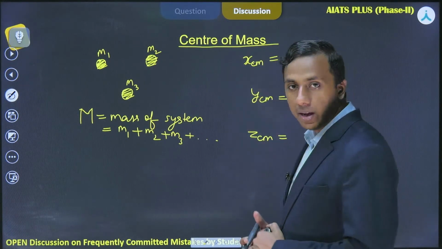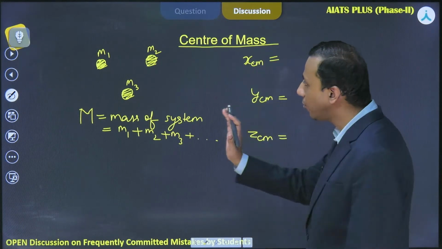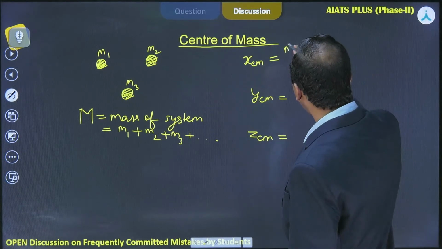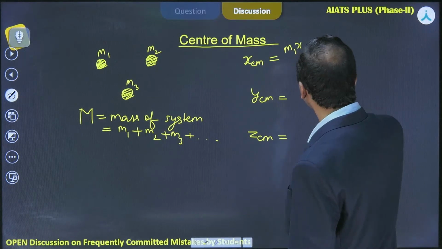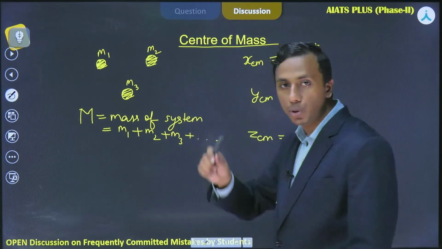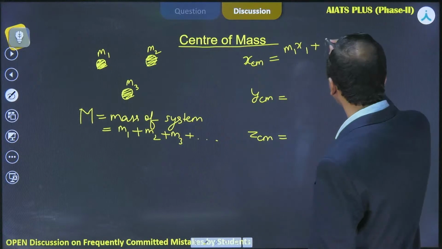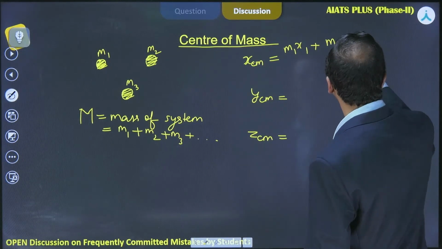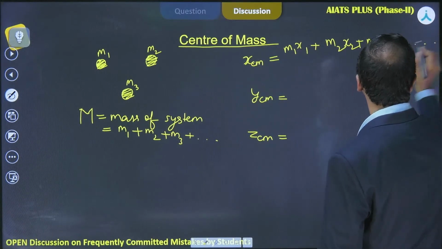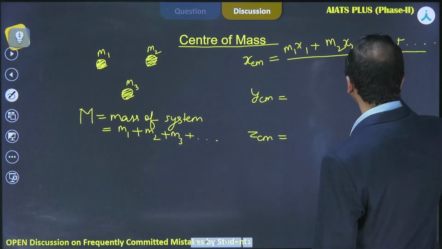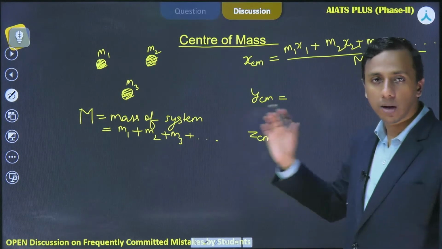All right, so coming back, for XCM, what will be the simple formula? See over here, multiply M1 with the x coordinate of M1, that is x1, right? Plus multiply M2 with x coordinate of M2, plus then again simply M3, x3 and so on. Okay, whole divided by capital M. Capital M is the total mass of the system.